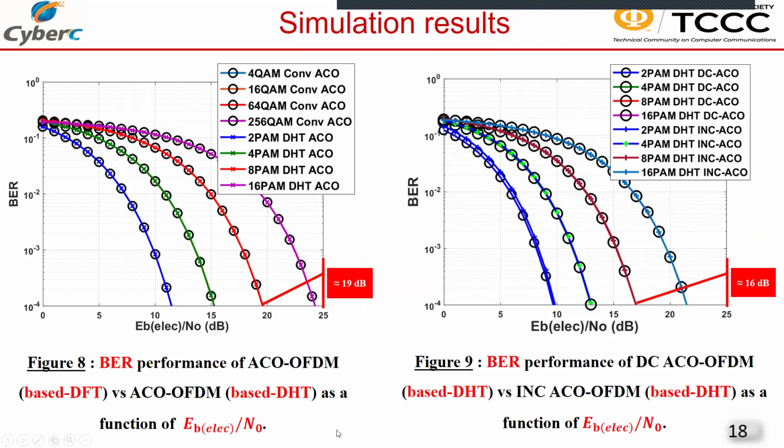Figure 9 presents a comparative study of improved noise cancellation ACO-OFDM with diversity combined ACO-OFDM based DHT, focusing on the electrical Eb to N0 and comparable spectral efficiencies.